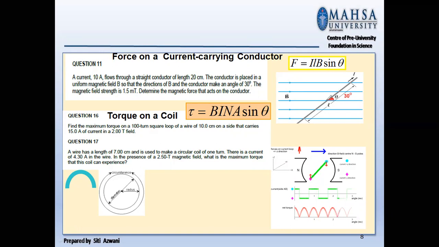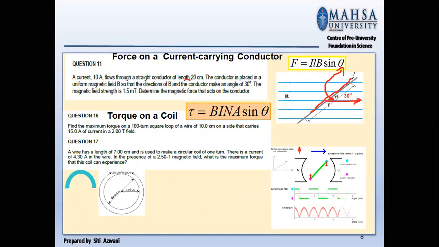So this is your B direction, and then this is your wire. So the angle between the B and the wire here is 30 degree. So 30 degree you need to substitute into your formula to solve for the force on a current carrying conductor.